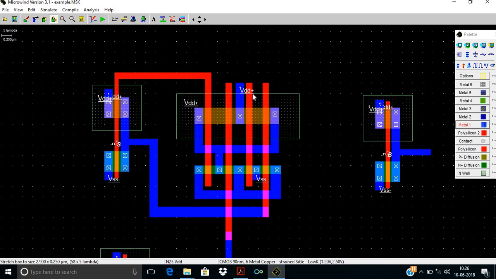B bar is nothing but this. I will stretch this. Then I will connect this polysilicon from here.